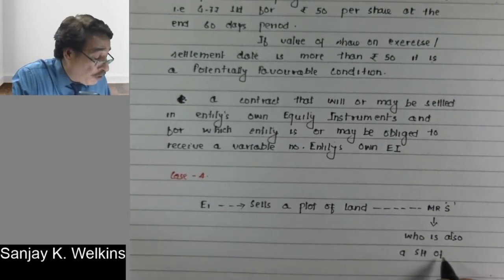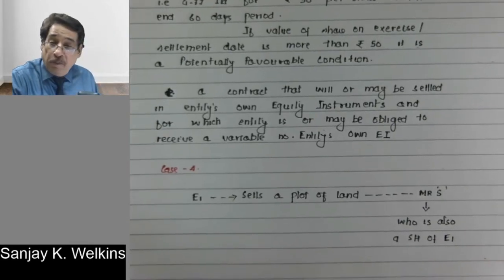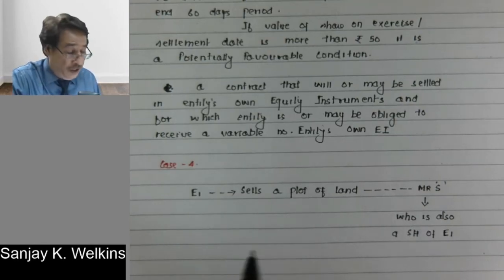Are you getting my point or not? E1 is selling the plot to a person who is also a shareholder of the entity.